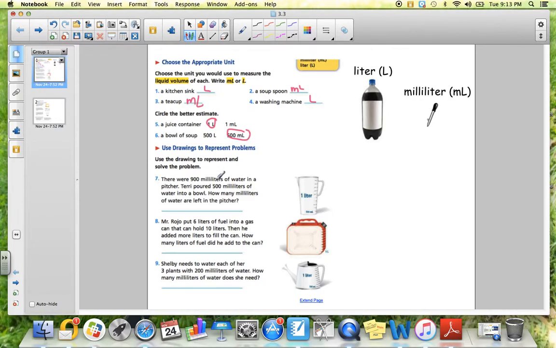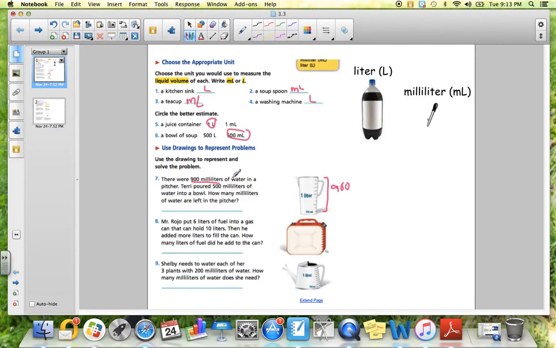Okay, let's move on. Use the drawing to represent and solve the problem. Number 7 says, there were 900 milliliters of water in a pitcher. Terry poured 500 milliliters of water into a bowl. How many milliliters of water are left in the pitcher? So the whole pitcher is 900, so let's underline 900.